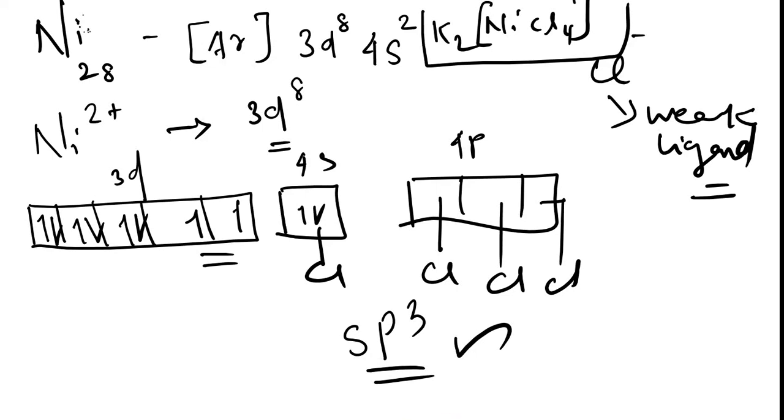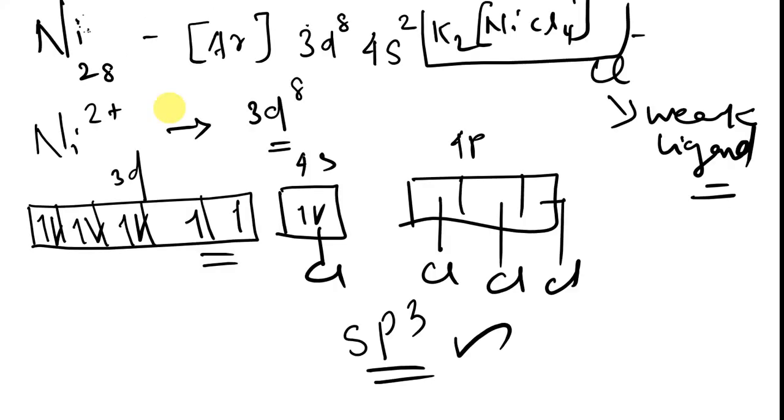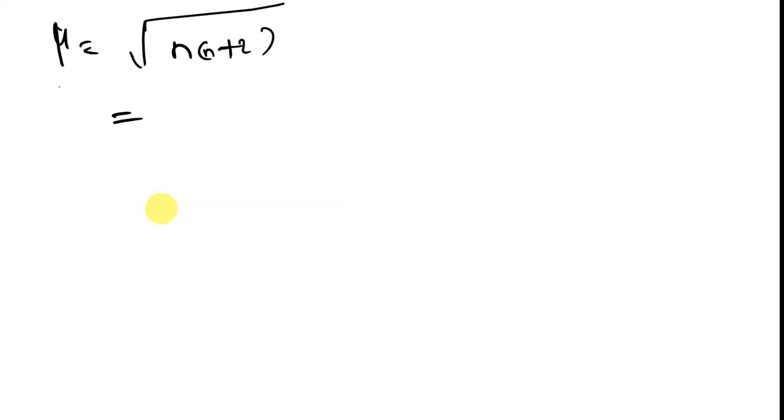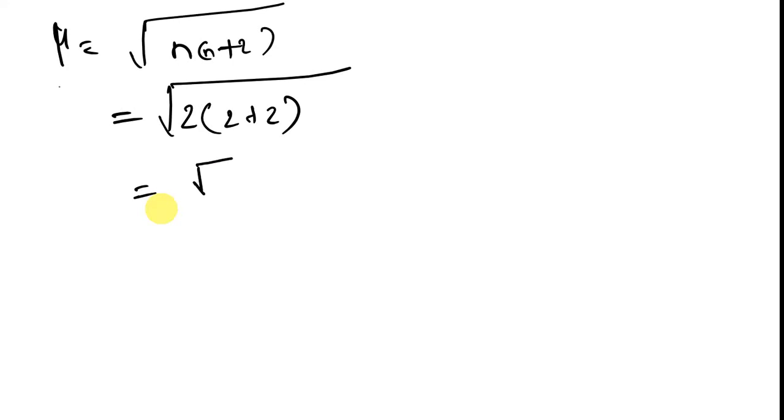So let us go for magnetic moment here. Mu is equal to root of n into n plus 2. Here the number of unpaired electrons is 2, right? So root of 2 into 2 plus 2, that is equal to root of 8.